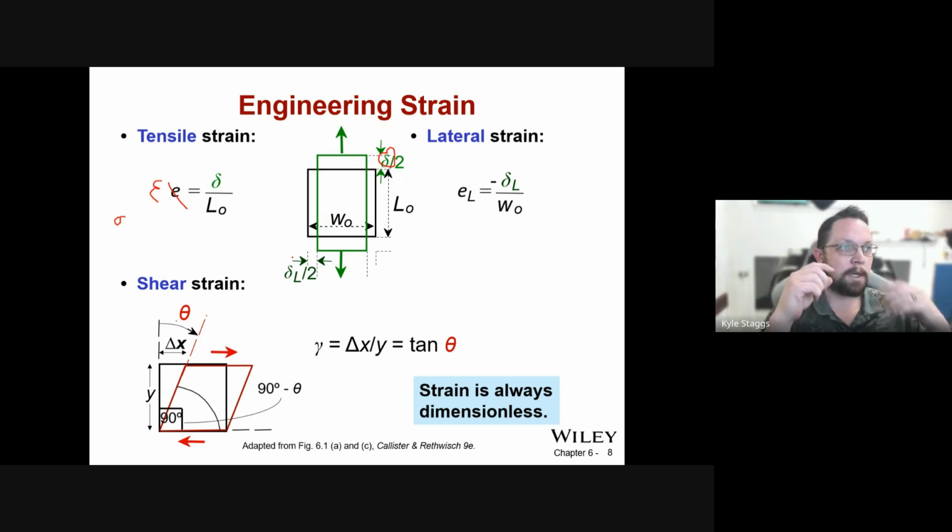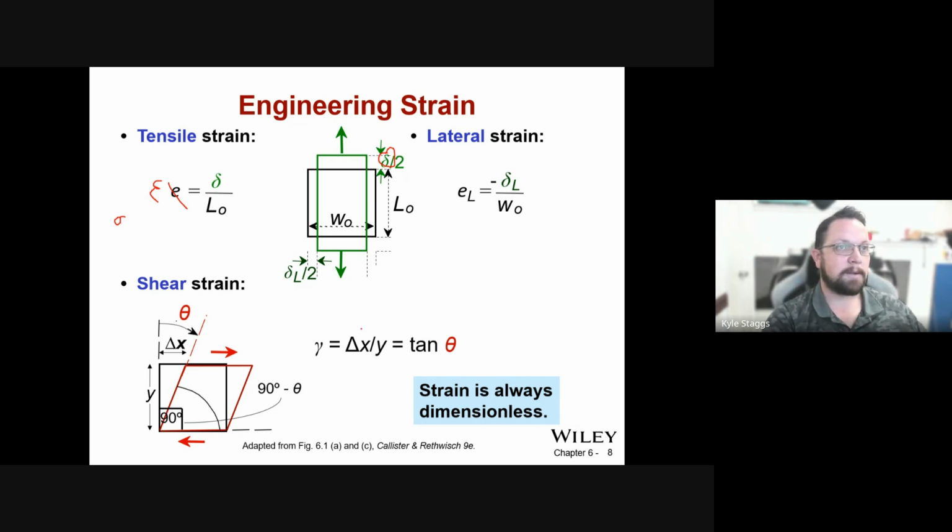So there is a delta X that happens, and because of that, the Y stays the same height, but the shear is being applied in the X plane, and so you have a movement of the top relative to the bottom. That movement is what's called shear, and that change in angle theta is described by the change in X, the delta X.